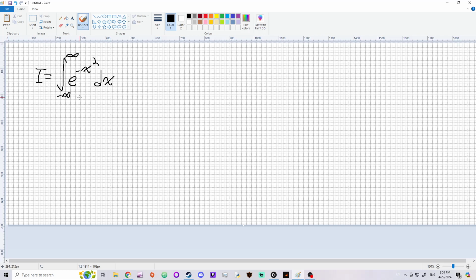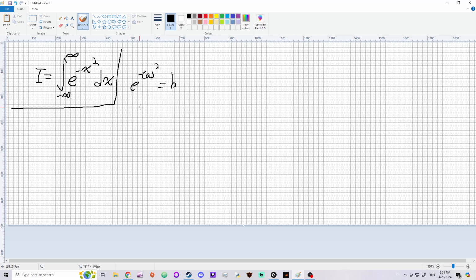So the first step is that, first of all, it's an improper integral, so we want to break that up. Our idea is, let's check whether it's an odd or even function. So let's have e to the negative a squared. This is equal to b.